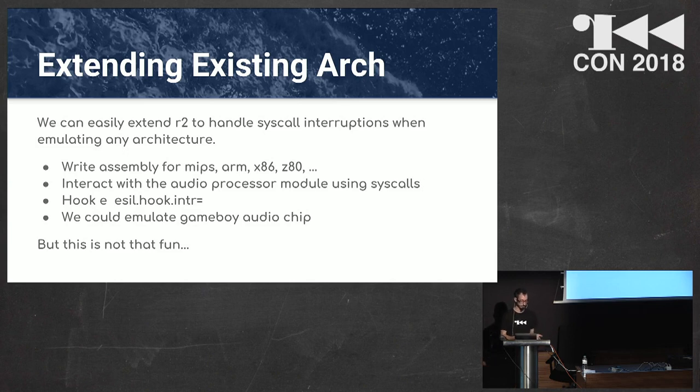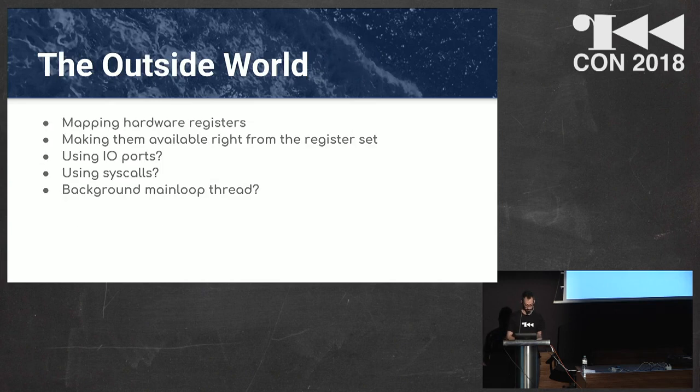We can also implement real hardware, so maybe taking a SID chip and understanding how it works and implementing that on top of ESIL, so we can play with that. But that's not fun for me, so I decided to create my own architecture.